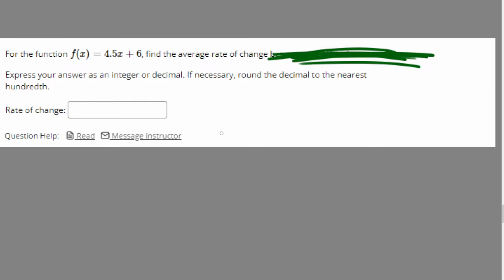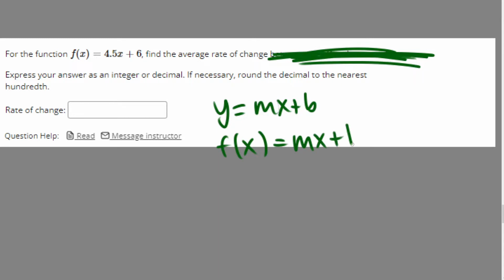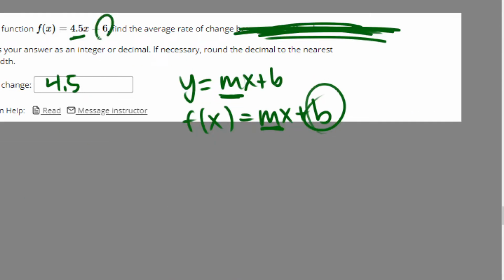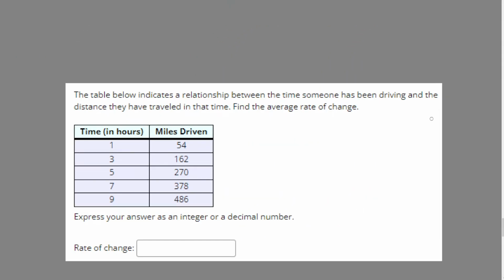And when you have slope-intercept form, which is y equals mx plus b, or f of x equals mx plus b, they're the same. Your slope or average rate of change is this m value here. So in our case, it's 4.5. Boom, easy as that. And this b is our y-intercept. I think it asks in this one. No, but this plus a constant with no x is also where the graph hits on the y.